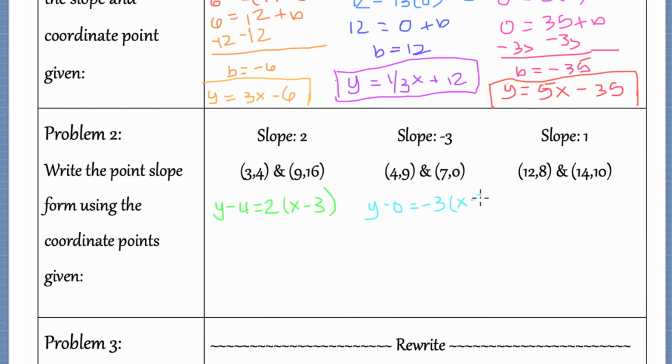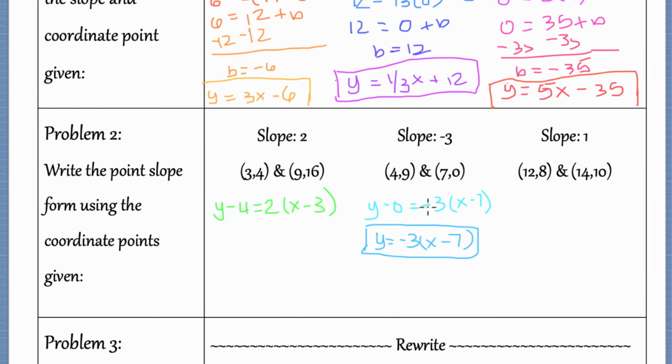So x minus 7. And so this is our equation, but of course we have y minus 0, and that really isn't necessary. So we can just write y is equal to negative 3 times x minus 7. And that is the point-slope form for that one.